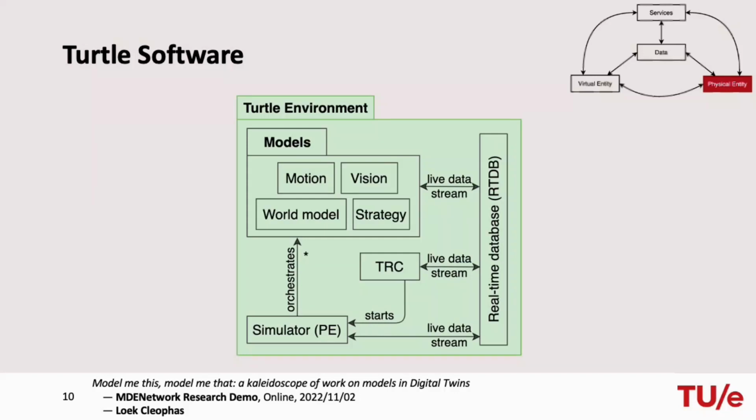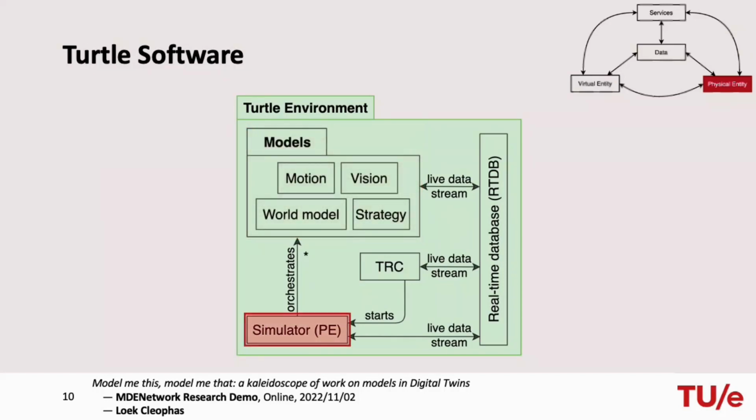From a high level of view, this is how the software system of the existing robots looked. First, they had 4 models for motion, vision, the strategy of how to play the game, as well as a world model created by the robots for understanding the surrounding environment.